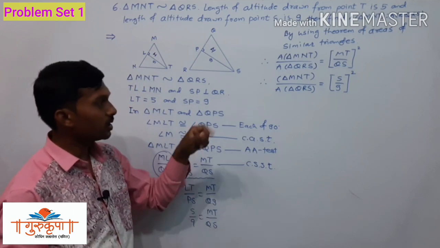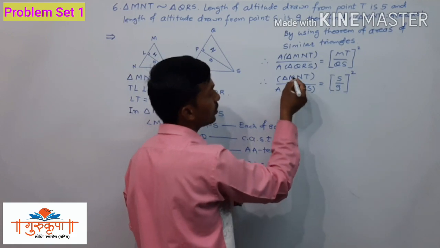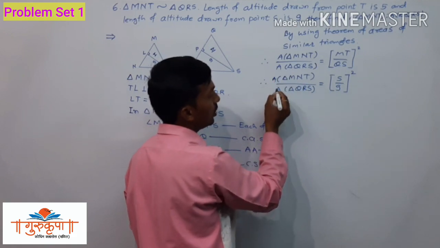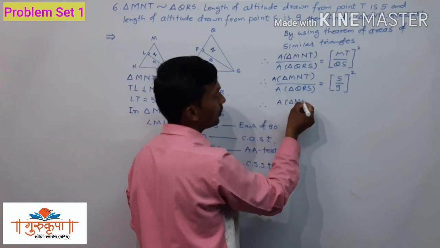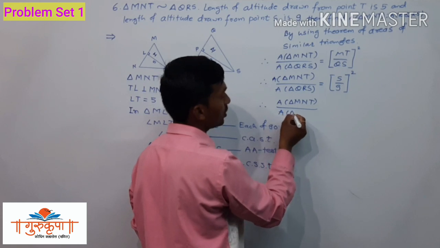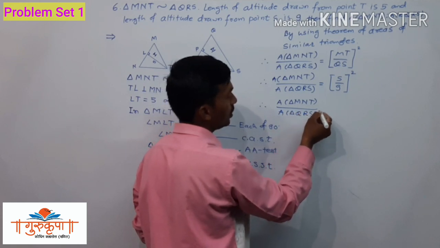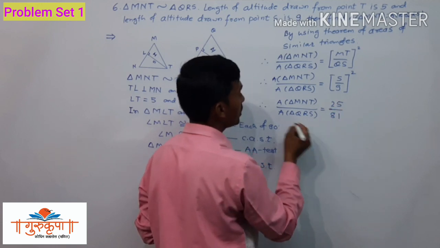MT is 5, QS is 9. Now you can make this square, and we can easily get the ratio of the areas of two similar triangles. It is equal to 5 square is 25 upon 9 square is 81.